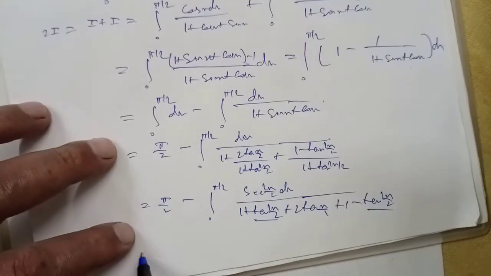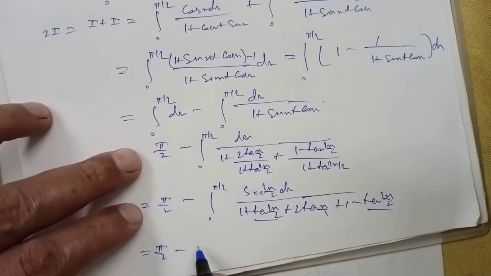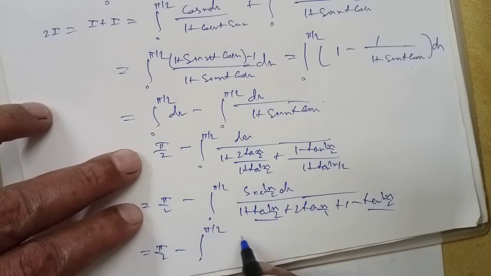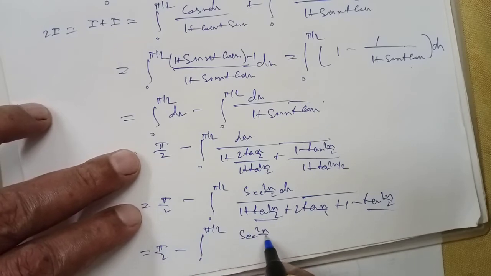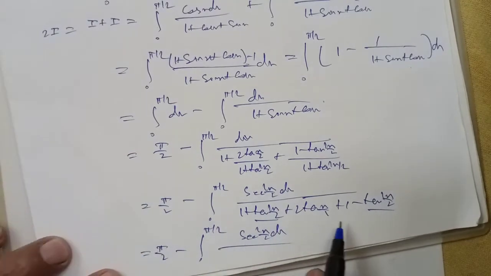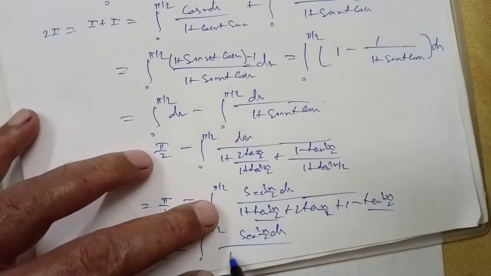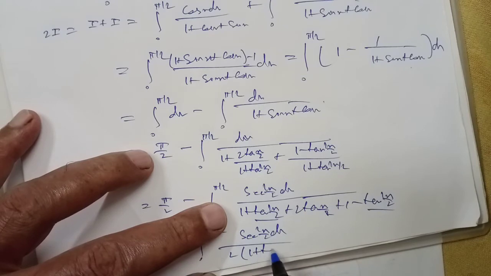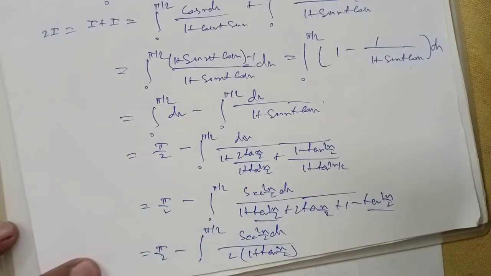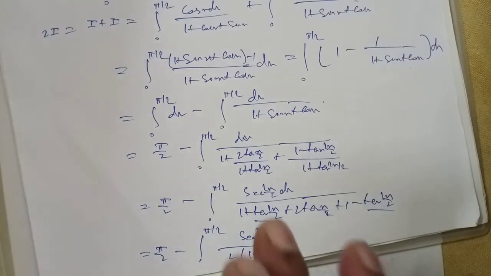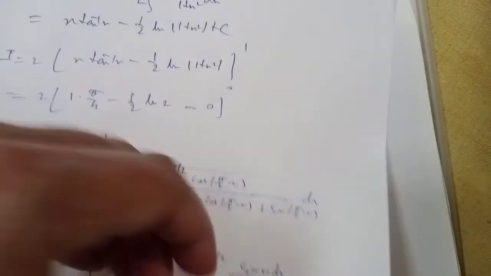So you get pi by 2 minus integration 0 to pi by 2, in the numerator sec square x by 2 dx. Here 1 plus 1 is 2, plus 2 tan of x by 2. If you take 2 common, you get 2 into 1 plus tan of x by 2. Very good. So if you consider 1 plus tan x by 2 as z, you get the derivative in the numerator.